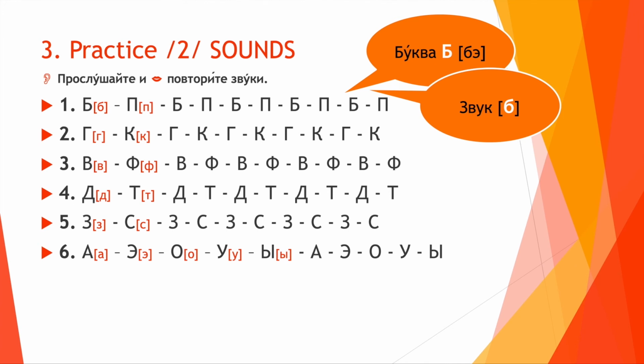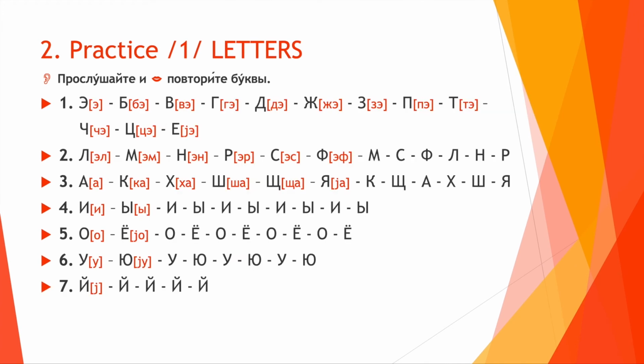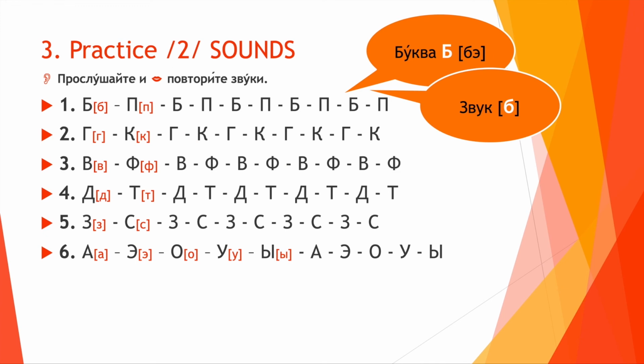Those sounds which we used to pronounce the letters look kind of the same, but it's a different thing. If you have a look at this bubble, you can see it's written bukva B. So the letter, if we're talking about it as a letter, it's B. And here we have the sound that represents the pronunciation of this letter.